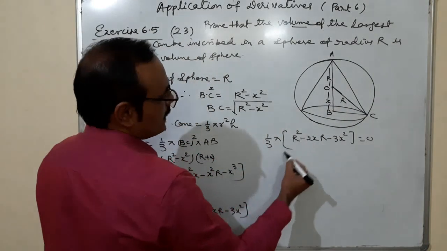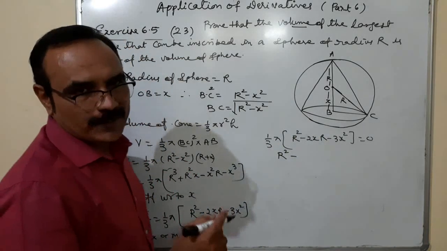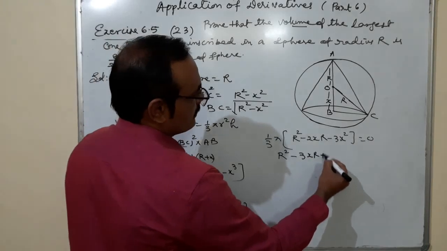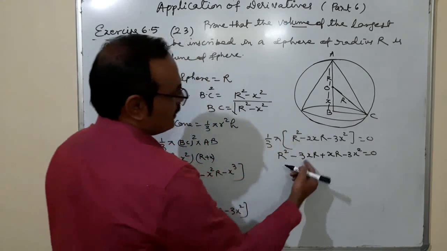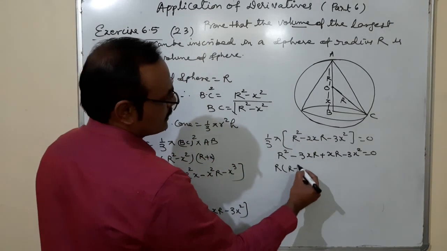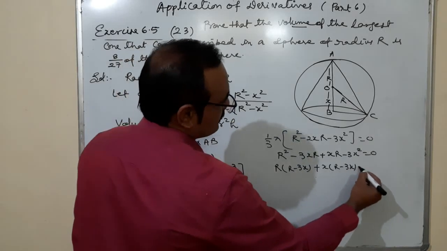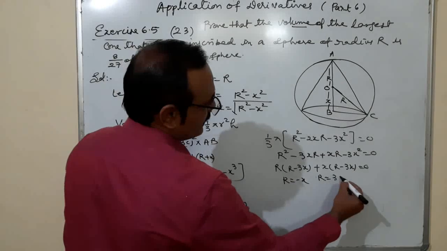Only this is left: R square minus 2xR minus 3x square, written by splitting the middle term. So we write minus 3xR plus xR minus 3x square is equal to 0. Taking R common: R minus 3x, plus x common: R minus 3x. There are two relations, R is equal to minus x and R is equal to 3x.